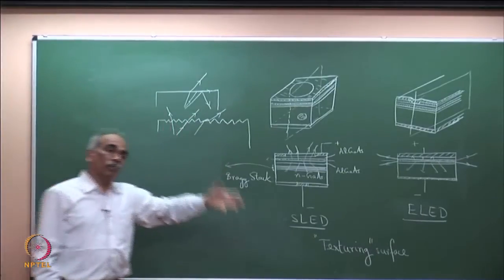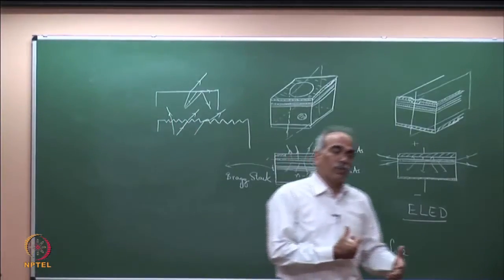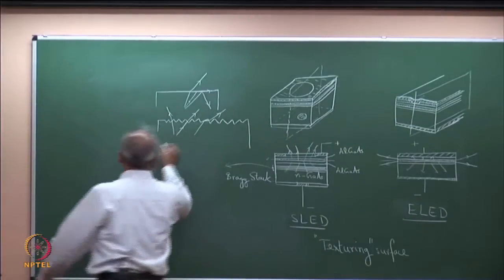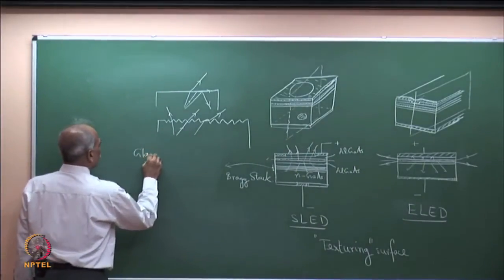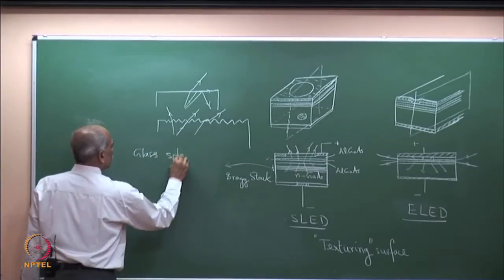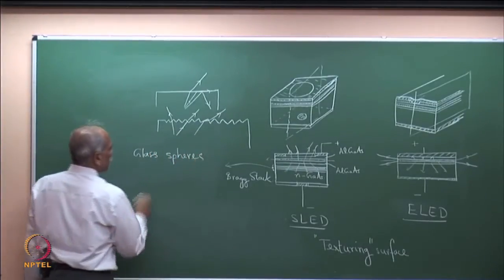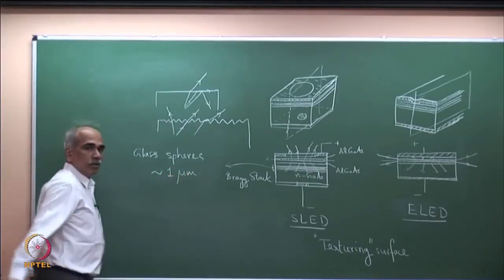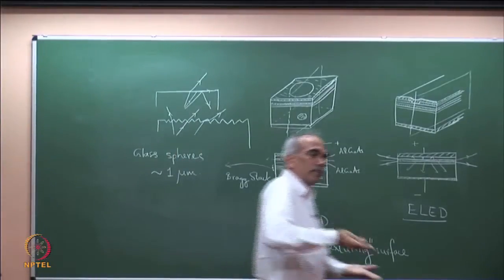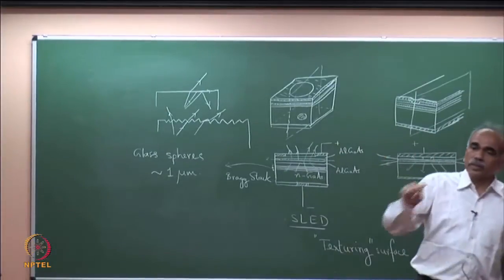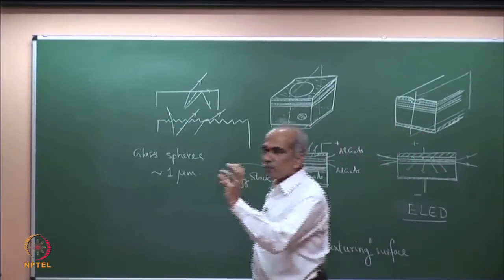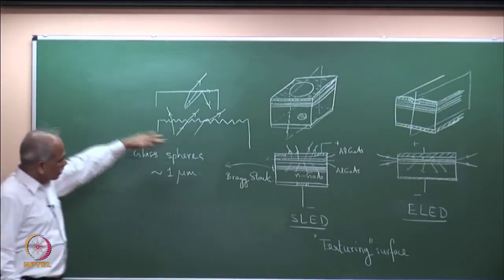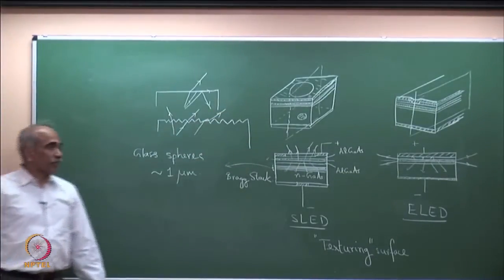So, how is this texturizing done? This is done by using a sandblast of glass spheres, of approximately 1 micrometer diameter, blasting the semiconductor surface, which causes texturization. It is a sphere, therefore, it is not spoiling the surface, but it is texturizing the surface.